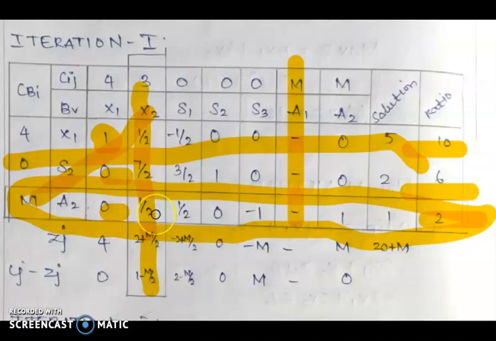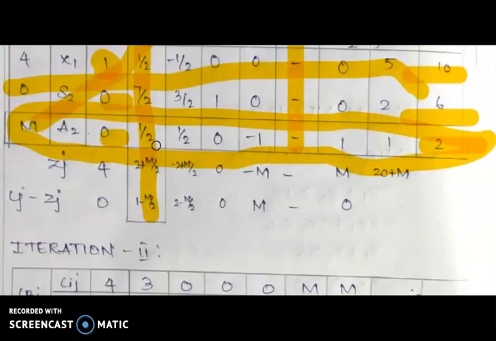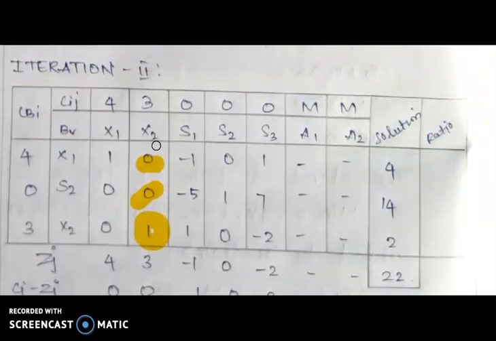We divide it by 1 by 2 so it is converted into 1. After that we change the remaining corresponding values to 0. So here the X1 value will be 1 and the corresponding column value will be 0. Before that we have 1 by 2, 7 by 2, 1 by 2. So here the pivot element will be 1 and the corresponding column values will be 0, 0.